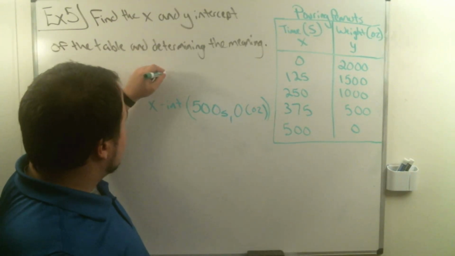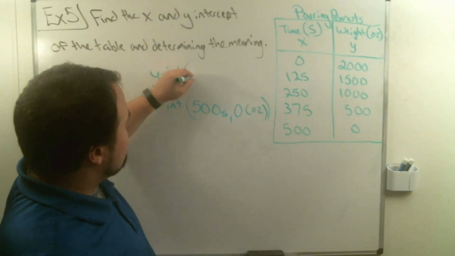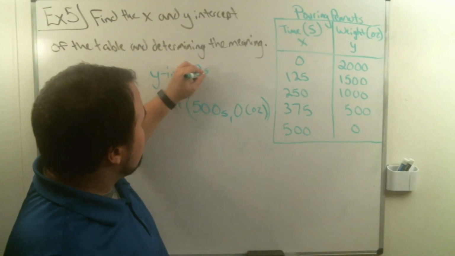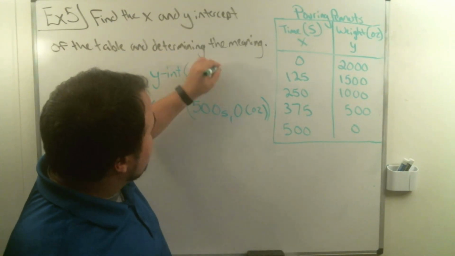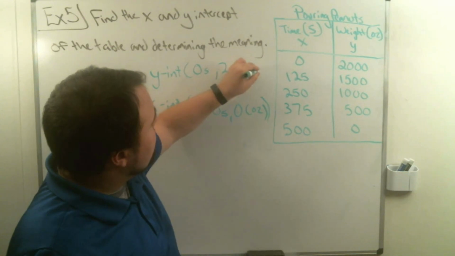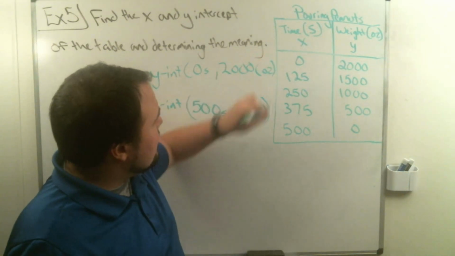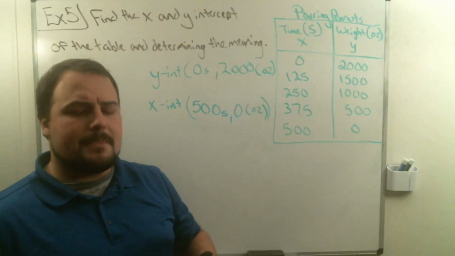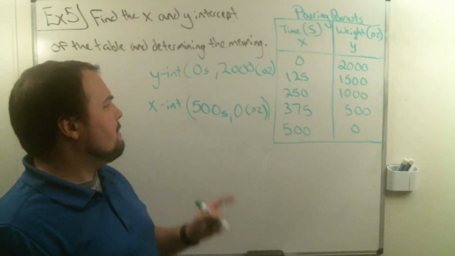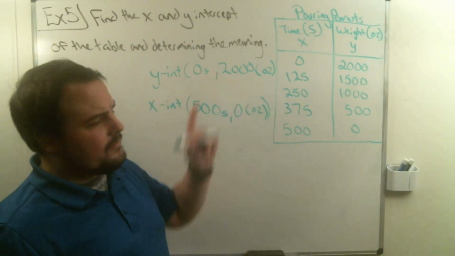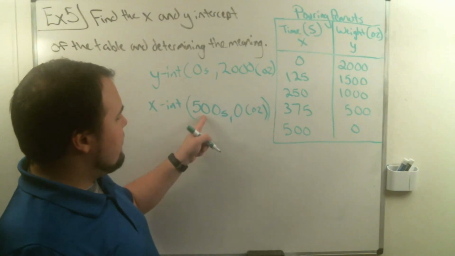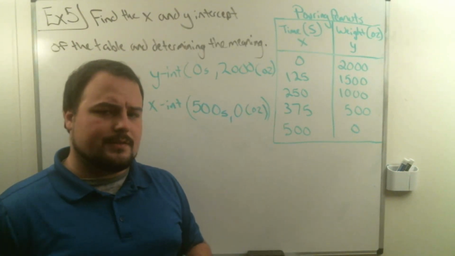The y-intercept is when we had 0 seconds, we got 2,000 ounces of peanuts. Okay, so if we're determining the meaning, at 0 seconds we have 2,000 ounces. At 500 seconds we have 0 ounces.